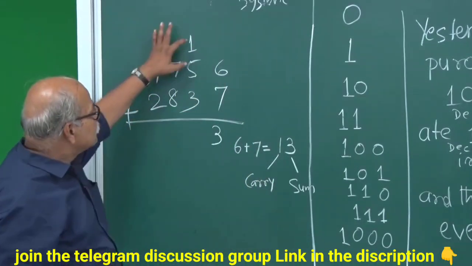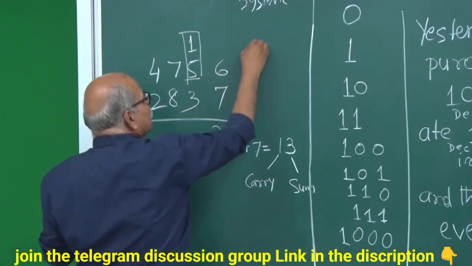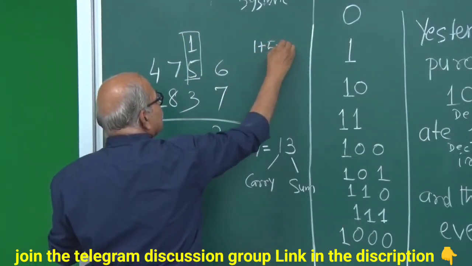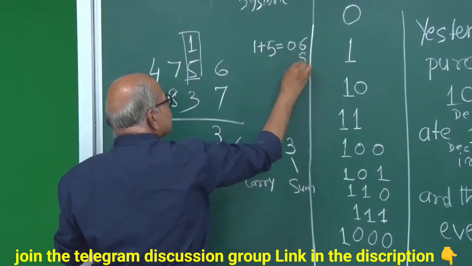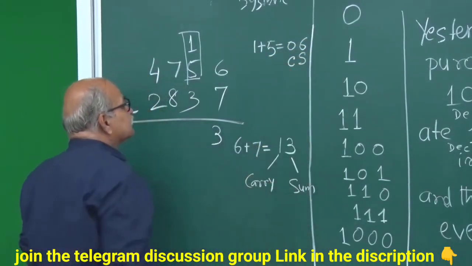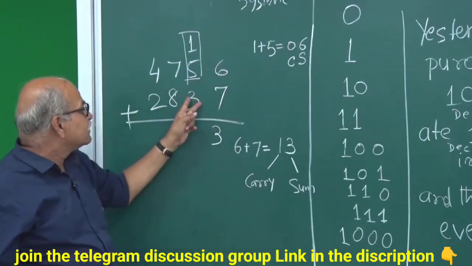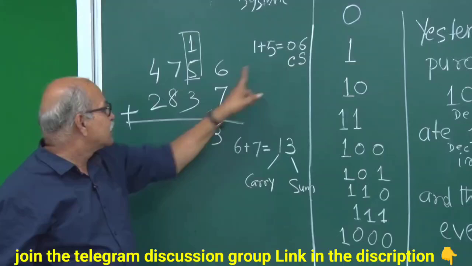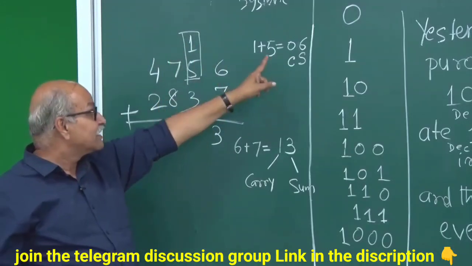Then it is 1 plus 5. I have to do this 1 plus 5. And that is 6. So, essentially here also you have this is the sum and this is the carry. And then this thing is to be added in this. So, the sum has to be directly added here and the carry has to go somewhere else, but here the carry is 0.